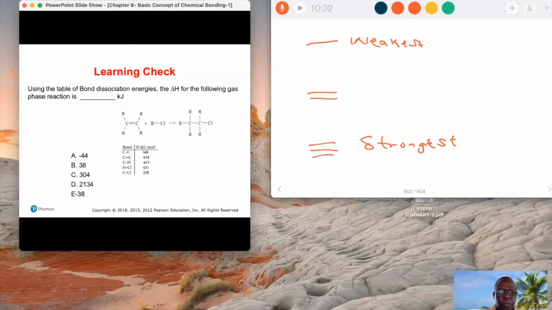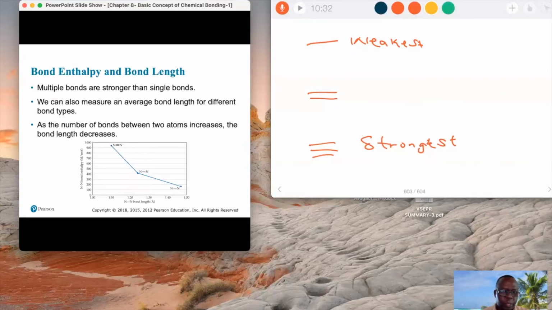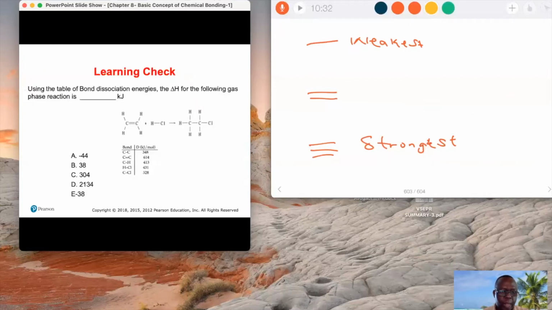So the equation used here is you need to find the bonds formed minus the bonds broken to calculate. You need to find the number of bonds formed in order to form this product minus reagent.